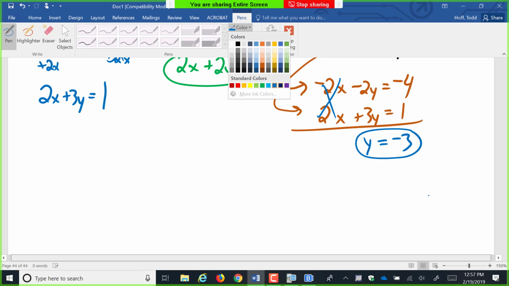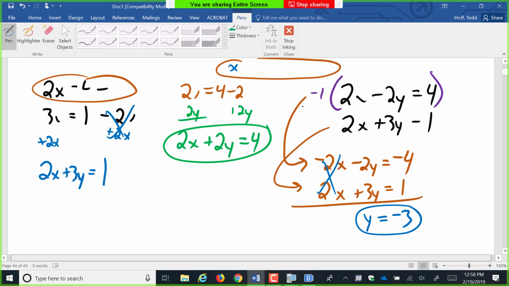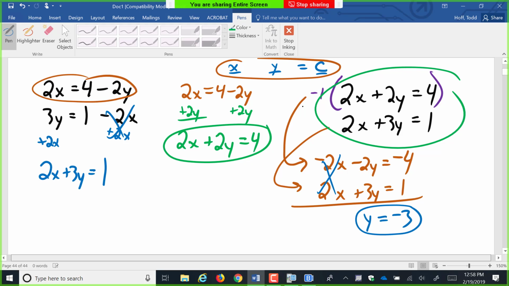Now at this point, I can use one of the equations that I've made up here, or I can go back to one of the originals. It really doesn't matter. In fact, since I have y and I'm looking for x, this one here might be easier to use. 2x equals 4 minus 2y.